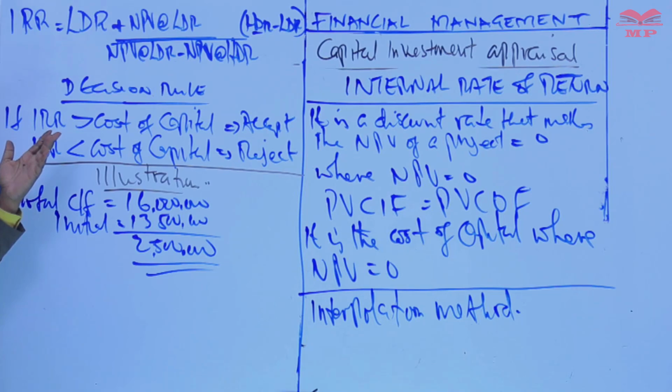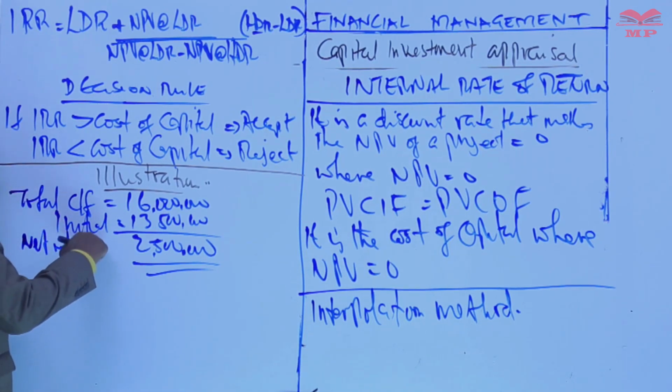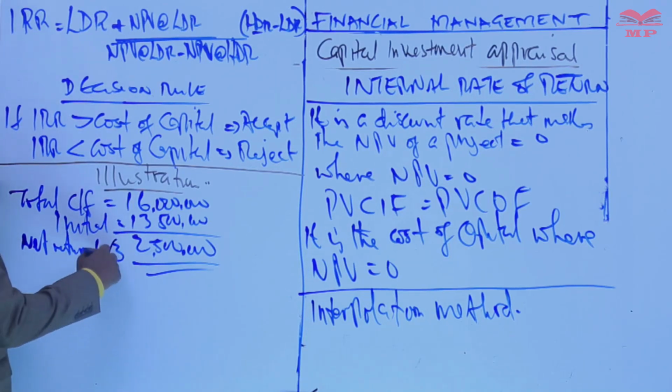So we calculate two net present values for the project at two different costs of capital. This is the net return for 3 years.